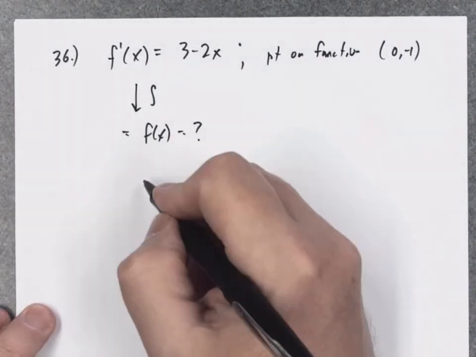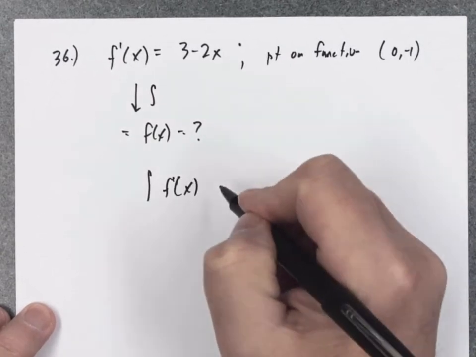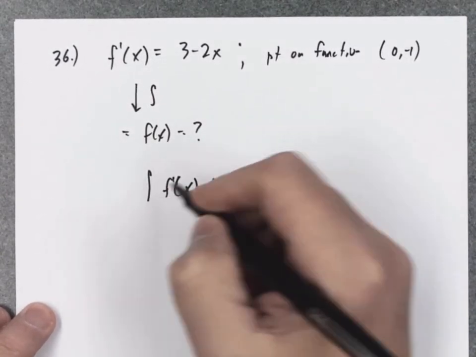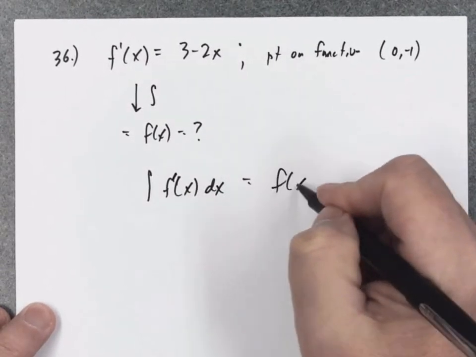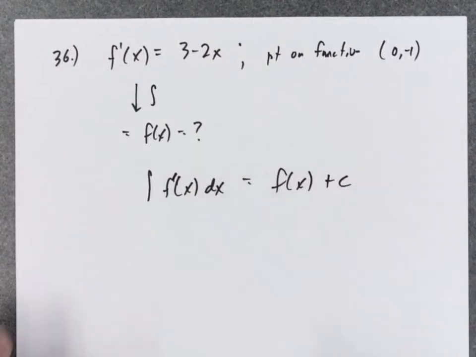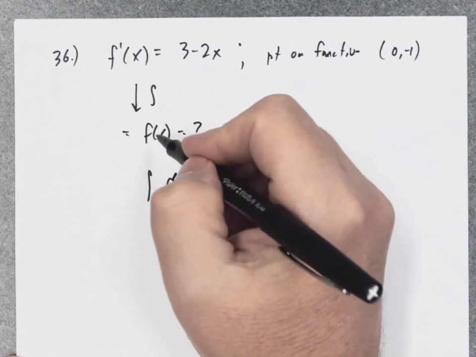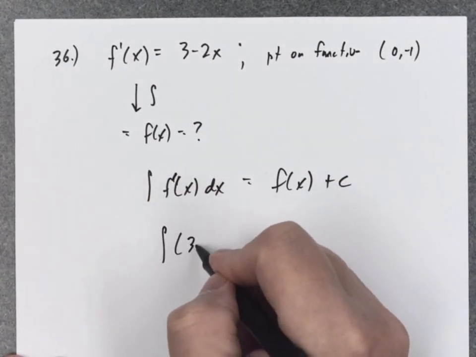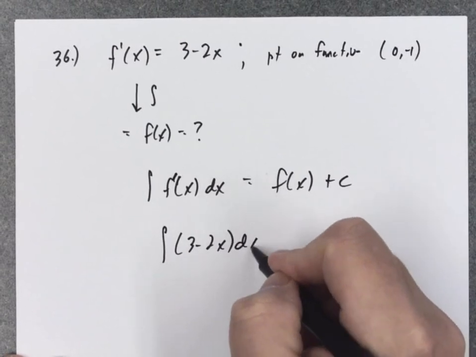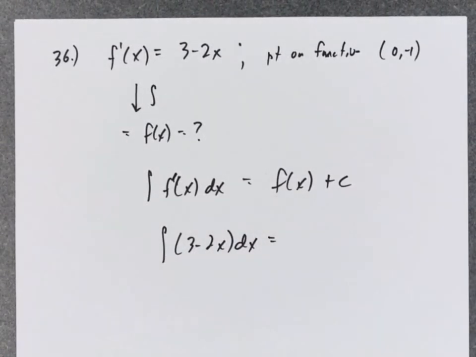So once again, let's make it clear. If you take the integral of a derivative, that equals the original function. So they're saying, here's the derivative, find the original function. So I'm going to take 3 minus 2x. This is going to be my original function.